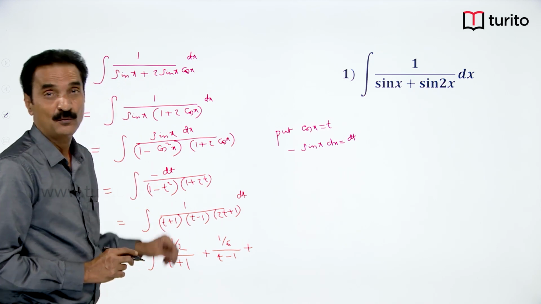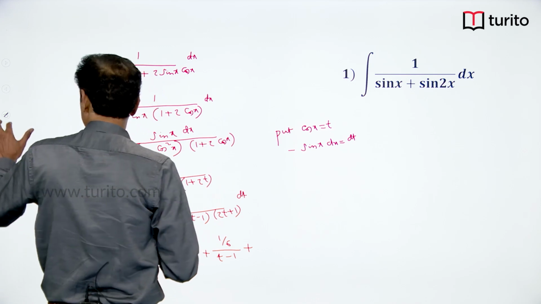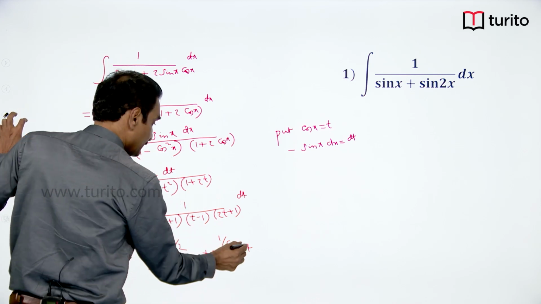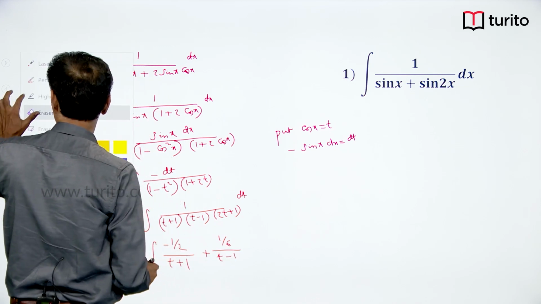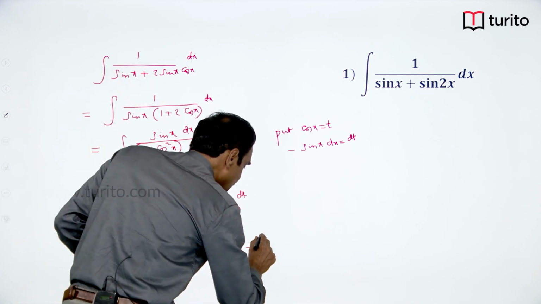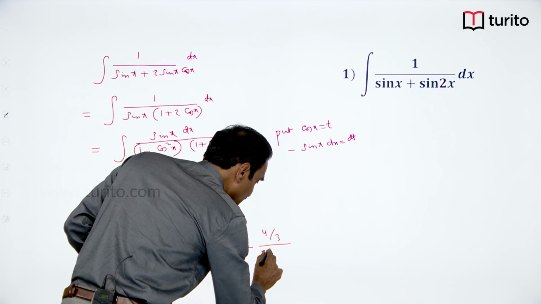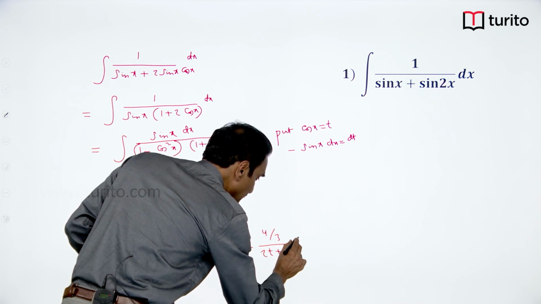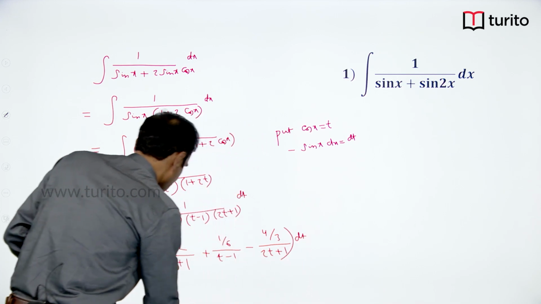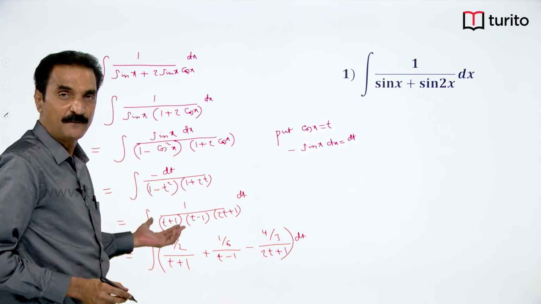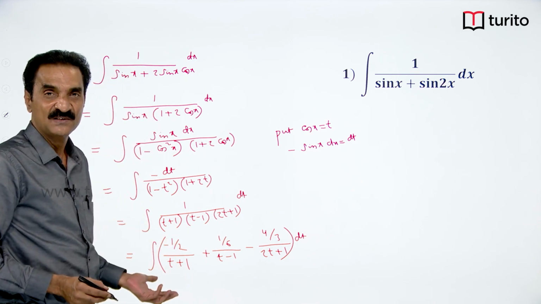How much? Minus 4 by 3. So this will be minus 4 by 3 by 2t plus 1. What is the integral of 1 by t plus 1? Log mod t plus 1.